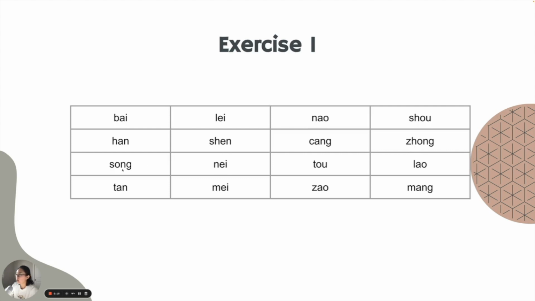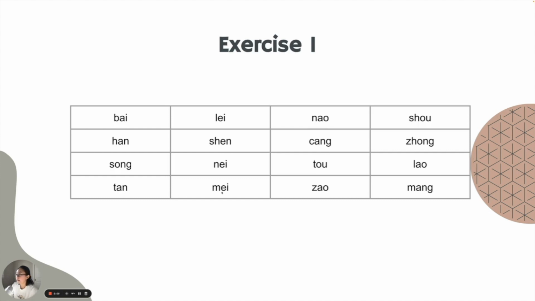And then the next one, ong and the s together, so it's 宋. And the next one, nei, it's 内. And then ou pronounced like the letter O, so it's 头. Tou is another way to say head, tou. And then lao, ao is ao, so 老 third tone means old. And then tan.